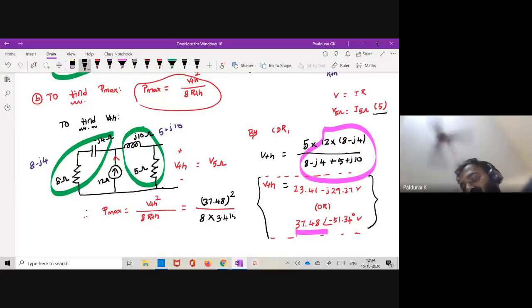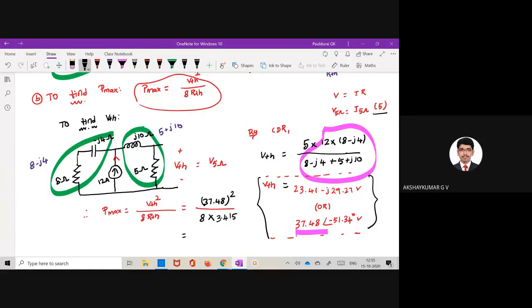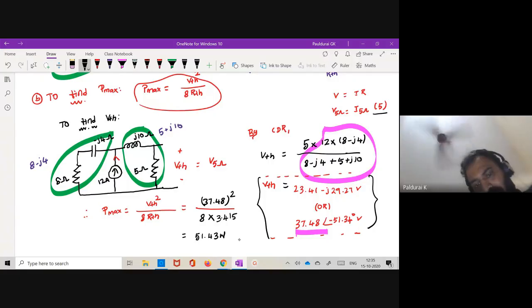What is this value? 51.43 watts. Yes, it's correct. So this is the way to calculate P max.